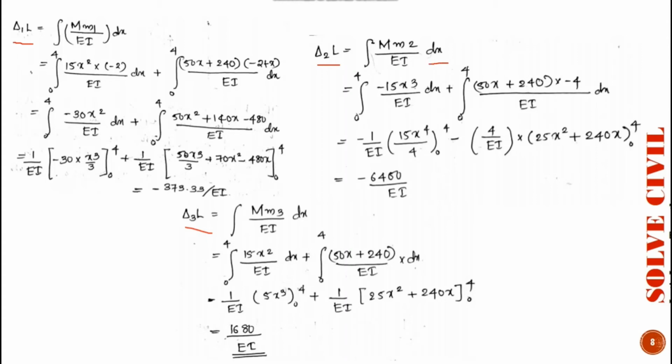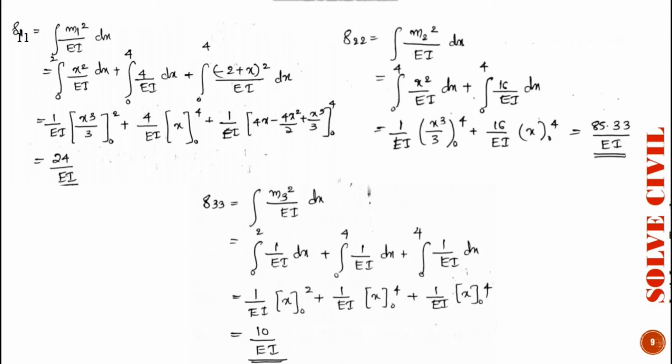And for capital delta 3L, it will be integral capital M m3 by EI dx. Substituting the values, we'll get the value of delta 1L as minus 373.33 by EI, capital delta 2L as minus 6400 by EI and delta 3L as 1680 by EI.